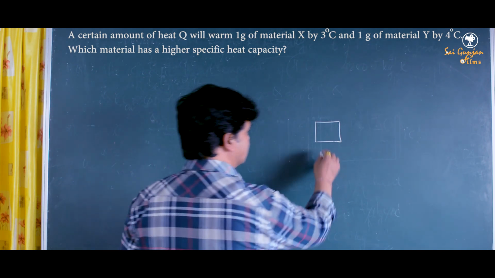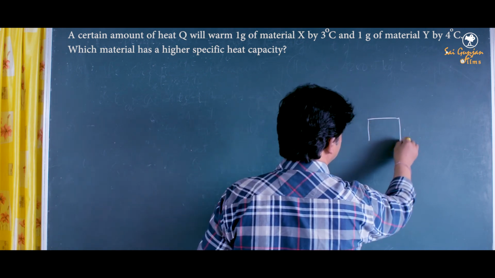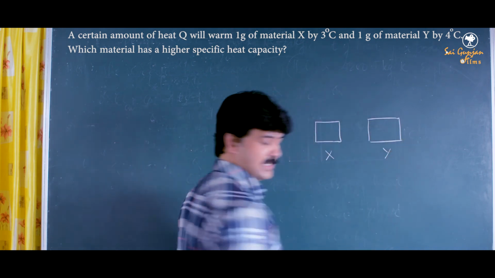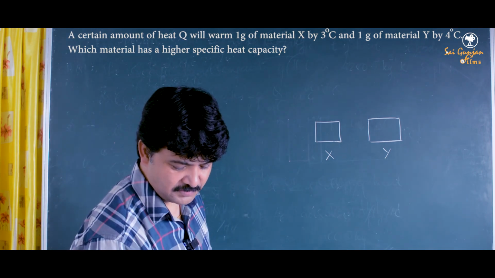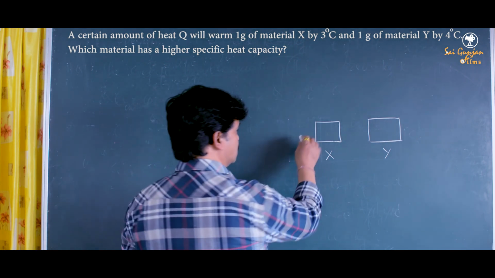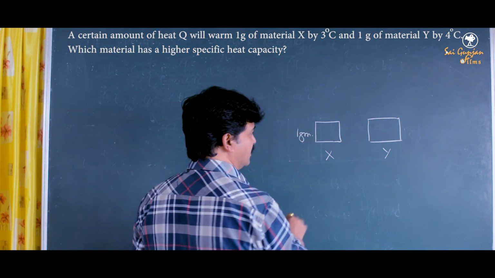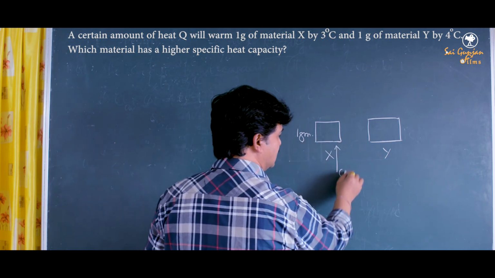Now this is substance X and this is substance Y, right? So what is given to you? A certain amount of heat Q will warm 1 gram. So this is 1 gram of material X. Okay, so how much of heat energy is supplied?